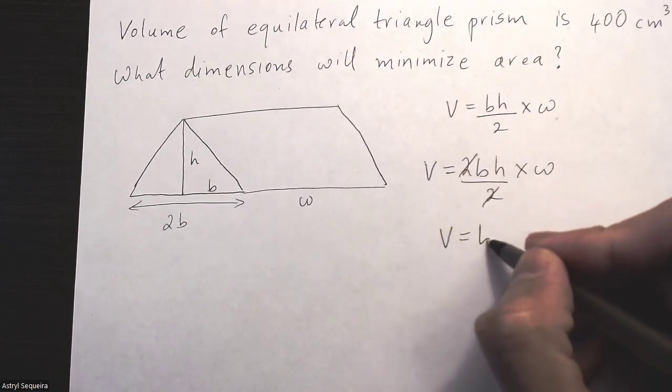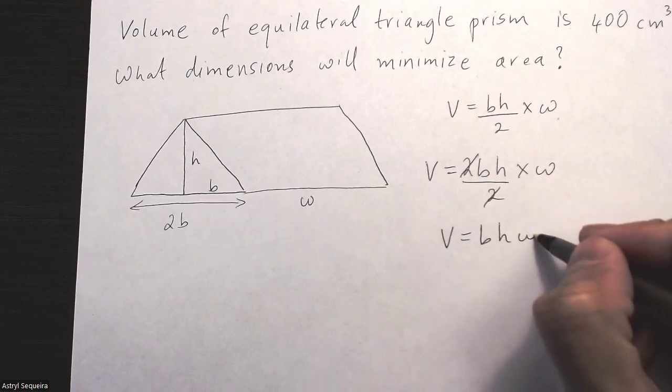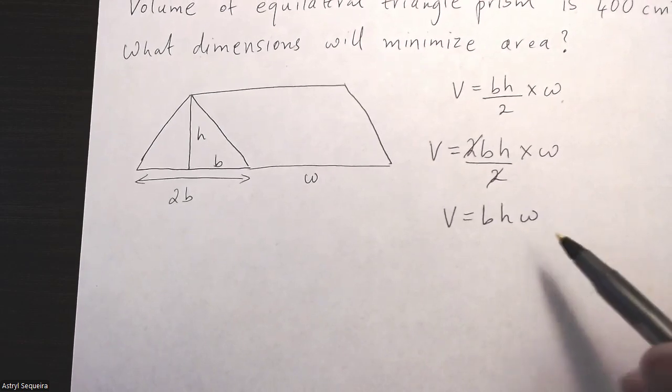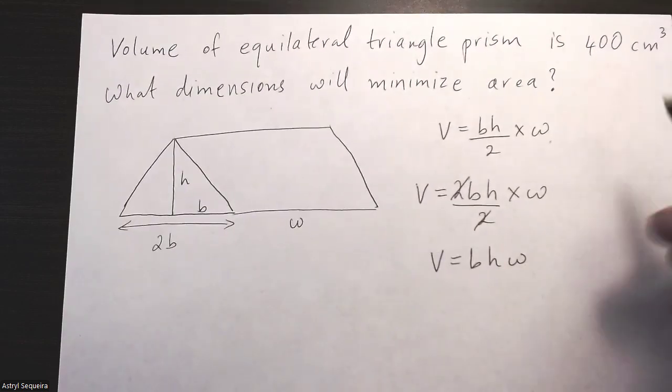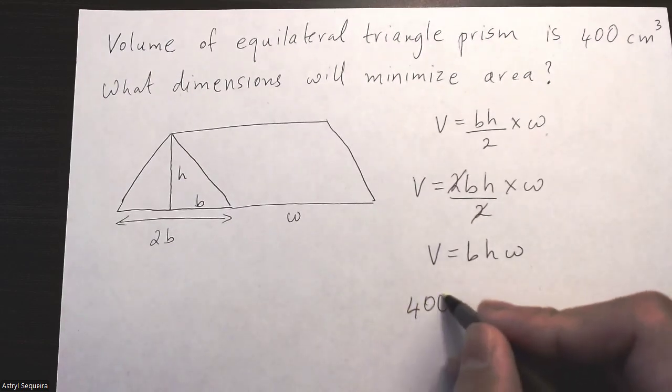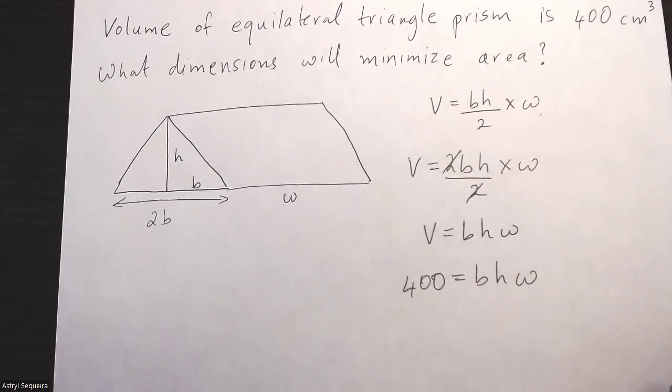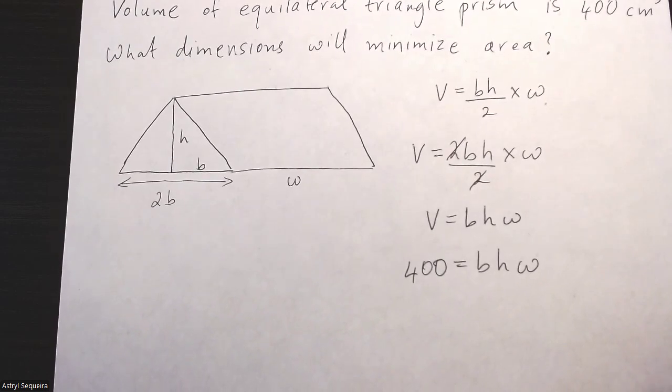The volume is just bhw. And that's our first formula over there. We know that the volume can be replaced with 400, so I'll do that next. So 400 equals bhw.